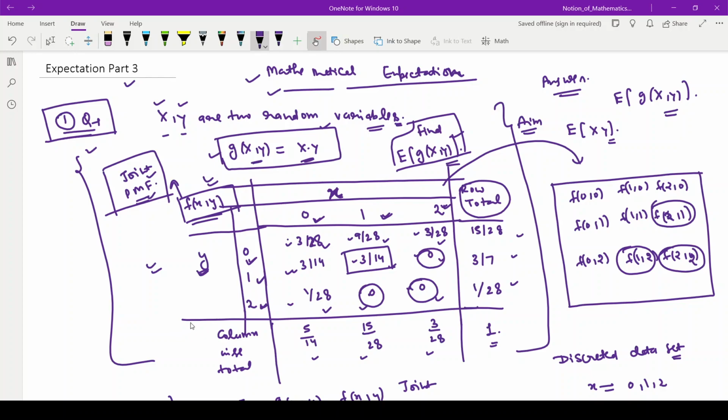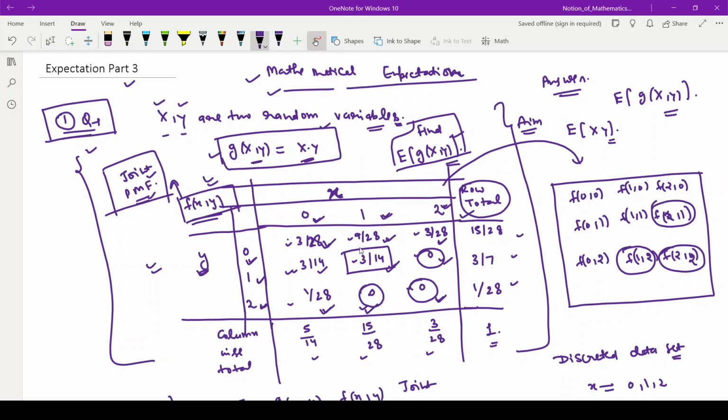And for these values of x and y, some functional values are already given, like 3 by 28, 9 by 28, 3 by 28, 3 by 14. It is also 3 by 14, 0, 1 by 28, 0 and 0.